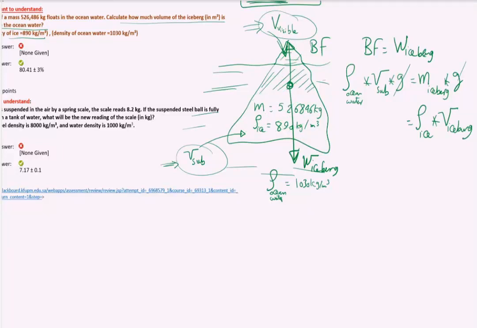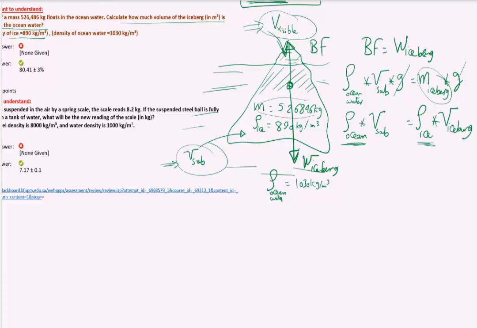Okay, so we can say the density of the ocean water times V submerged equals the density of ice times the volume of the iceberg. What information is given here? I know the density of the ocean and I know the density of ice. They are given. What else? The mass of the iceberg is given. So this mass is given.